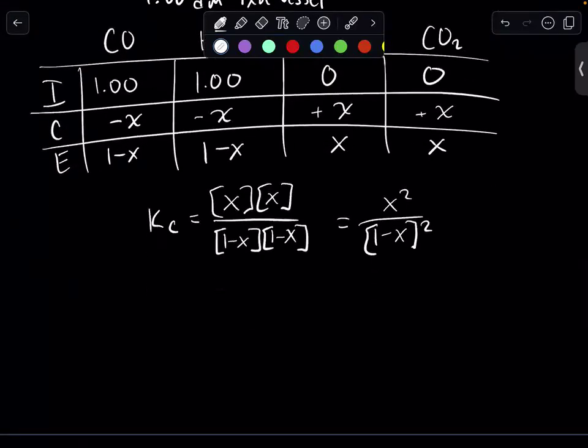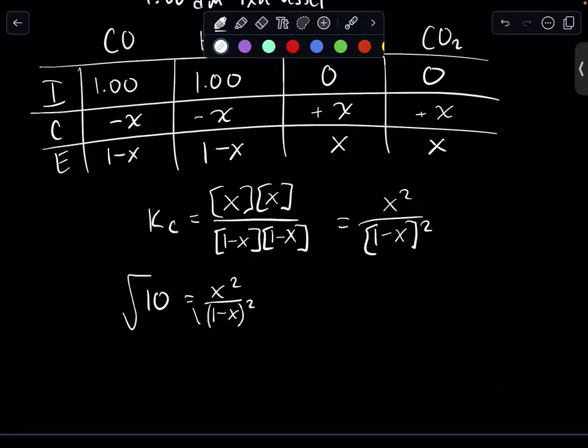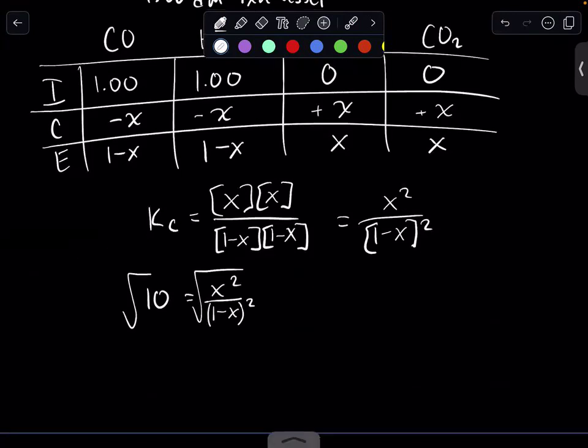Now, we know our Kc value is given as 10, and that is now equal to X squared over 1 minus X squared. And so the first thing I'm going to do is get rid of that pesky square. So I'm going to square root everything to find that we have approximately 3.16 is equal to X divided by 1 minus X.